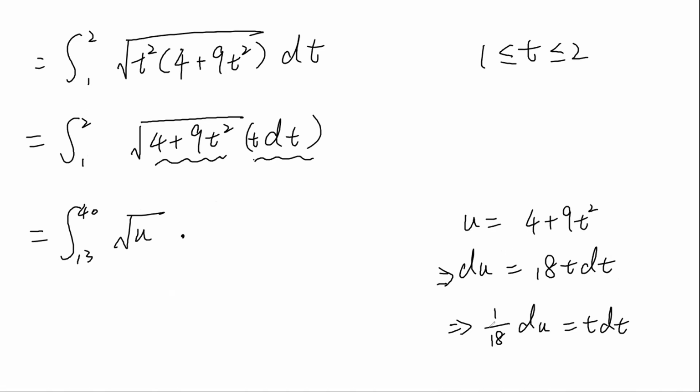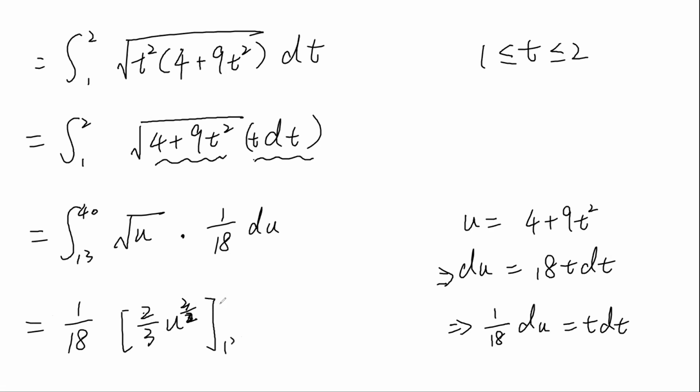And t dt is equal to 1/18 du. And then after that, that's just 1/18 of the integral of the square root of u, with u from 13 to 40.